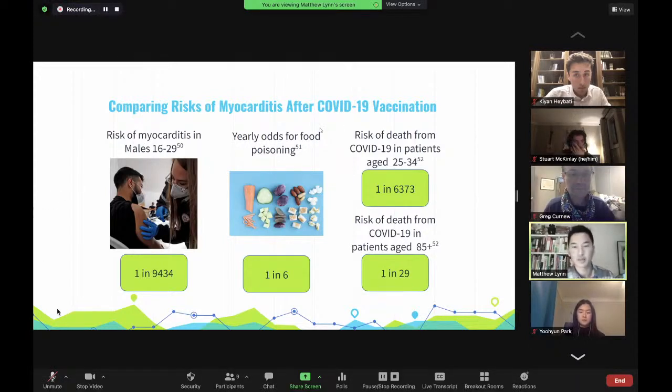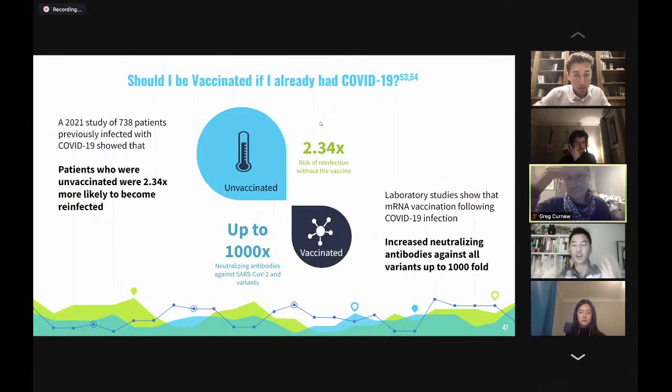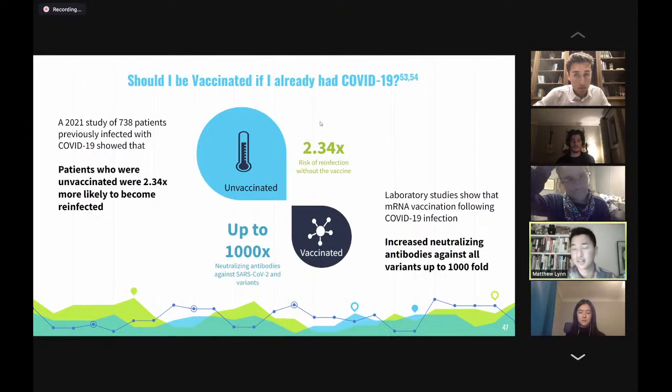And a lot of people might be asking, if I already had COVID-19, is being vaccinated going to help me, or is that natural immunity just going to be there? So to answer that question, there have been several studies in response to that. So I'm specifically going to point out two studies.